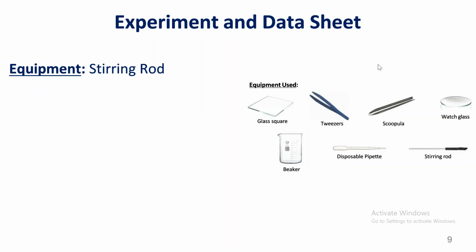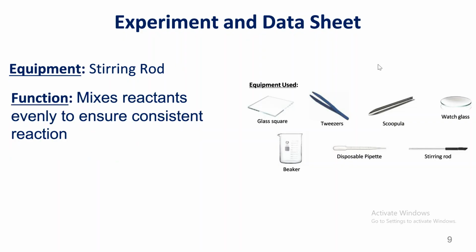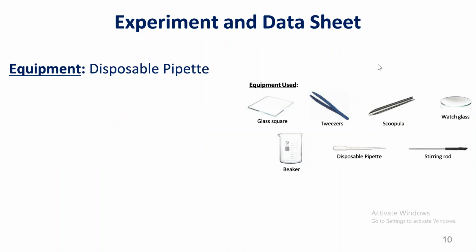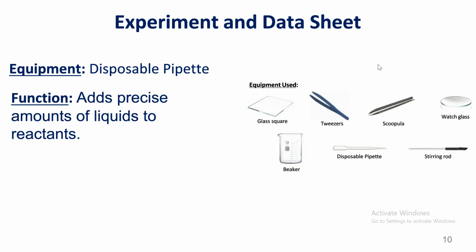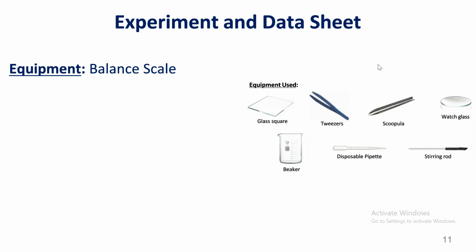We'll also be using the stirring rod. This is going to serve as a mixing agent. It will mix the reactants evenly to ensure consistent reaction. Next, the disposable pipette. This is going to add a precise amount of liquid to our reaction to get it to start.